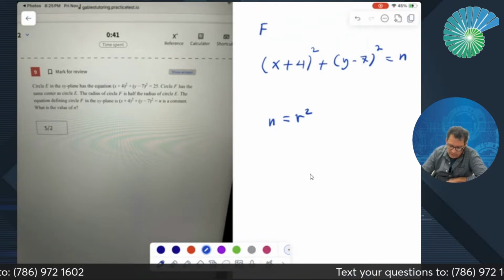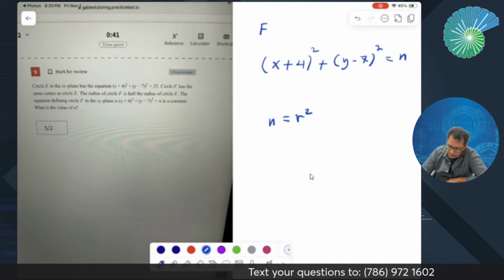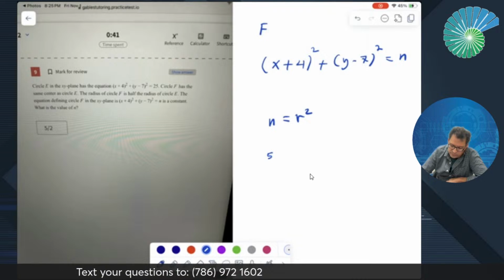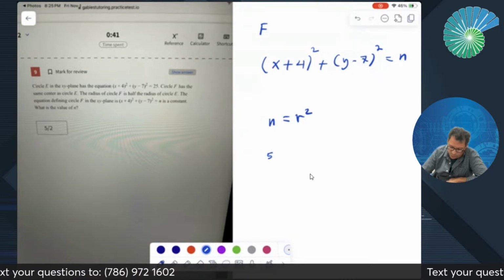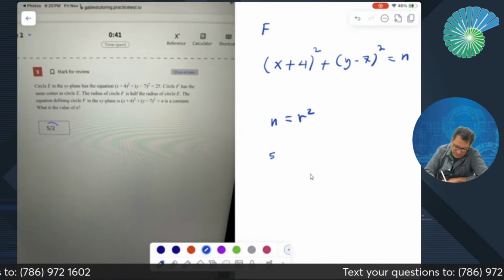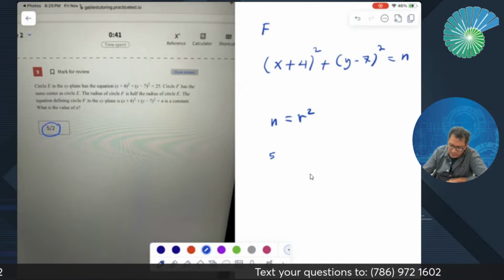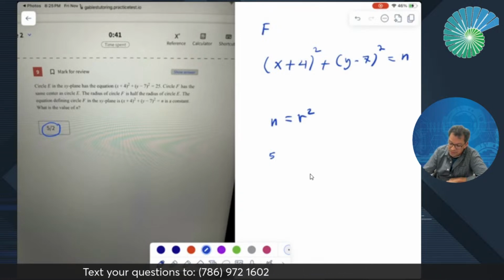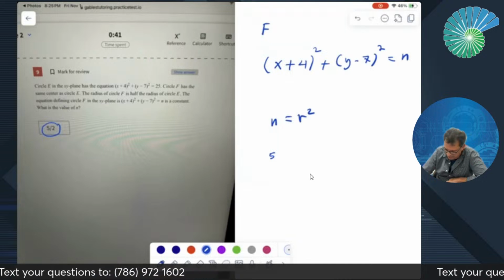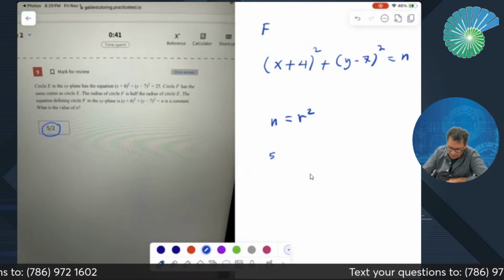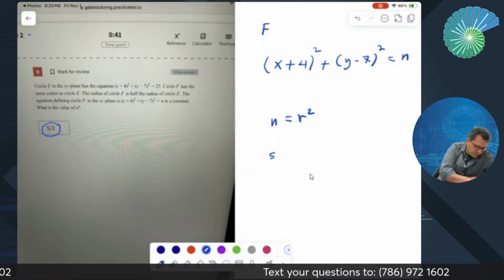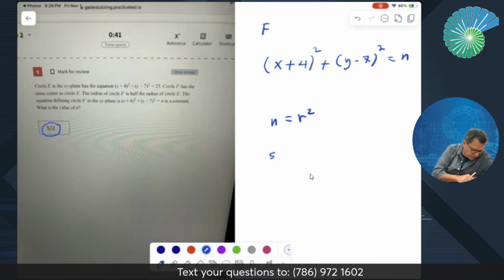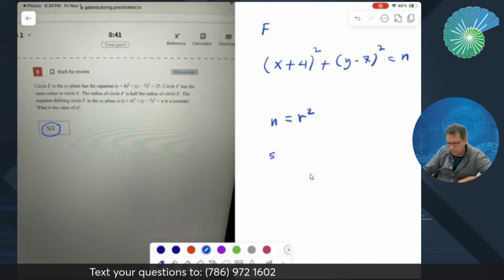I know that the radius of circle E is 5. So this is the correct radius for the second circle. But the question is not what is the radius, but what is the radius to the second power. So 2.5 squared is 6.25.